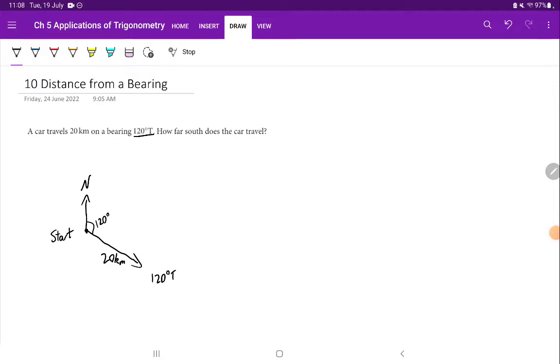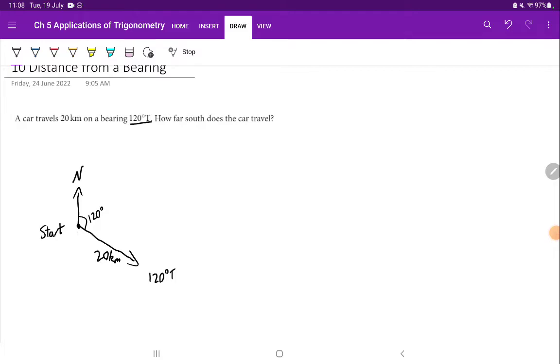Alrighty, so this is going to be the moment where we're going to do something a little bit tricky. It says, how far south does the car travel? So from our starting point, let's draw a south line, which is going to be opposite of north, until we get to this end spot. And then we'll draw a cross, and draw a right angle at the corner.